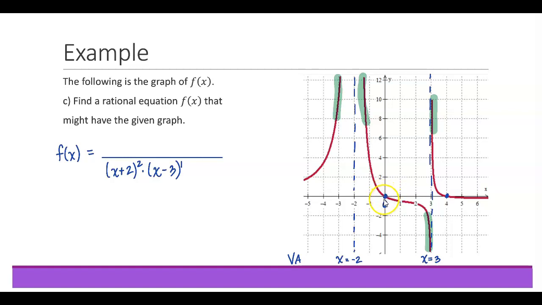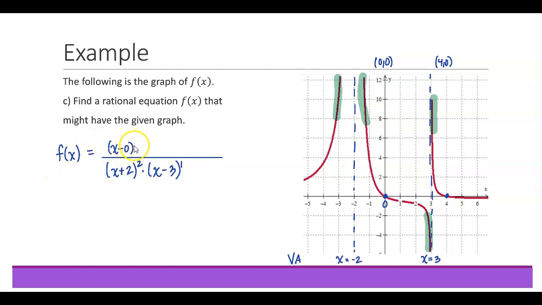We had an x-intercept at 0, 0, and another x-intercept at 4, 0. X-intercepts arise from setting the y value equal to 0, which is really setting, in this case, the numerator equal to 0. So to get an x-intercept of 0, in the numerator I'd have the factor x minus 0, or just x.